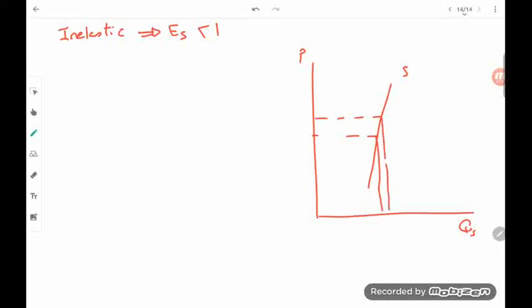As you can find from the figure, the change in quantity is much smaller than the change in price. So this means that percentage change in QS will be smaller than percentage change in price. So the final value will be less than 1.